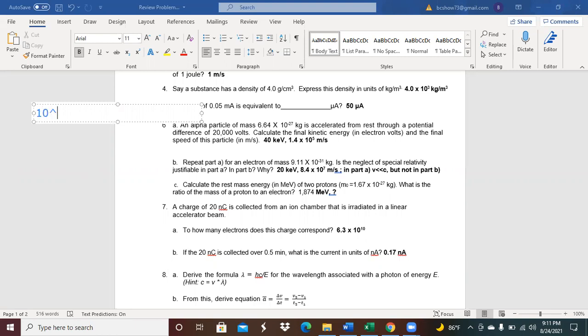If I have this amount of something, and if I cut it into pieces, if I cut it into 1,000 pieces, then basically I will end up with 1,000 times 10 to the third micro something.